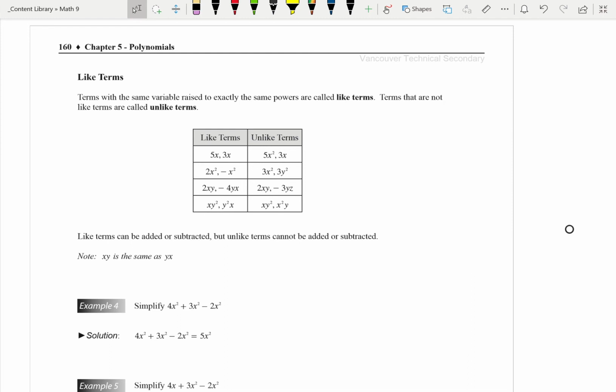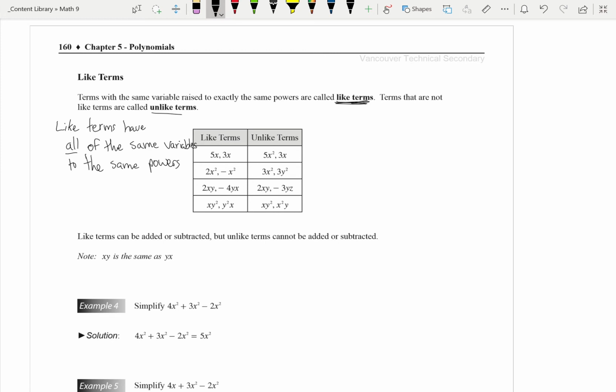So the key idea is we want to work with things of like terms because we cannot combine things that are not like terms, or we say that they're unlike. Like terms have all of the same variables to the same powers.